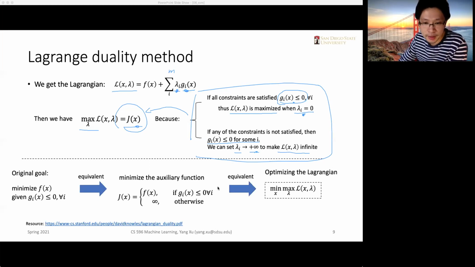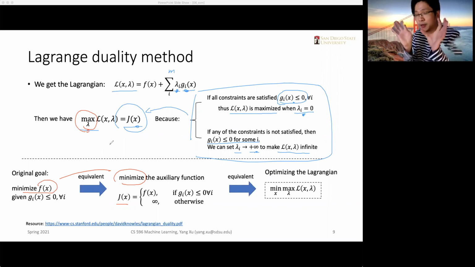First, there is a maximize with respect to lambda, and we have the original goal to minimize the auxiliary, which is from the minimization of the original problem. So putting these two opposite requirements together, we have a minimize and maximize problem.